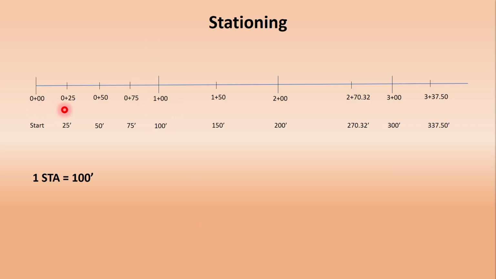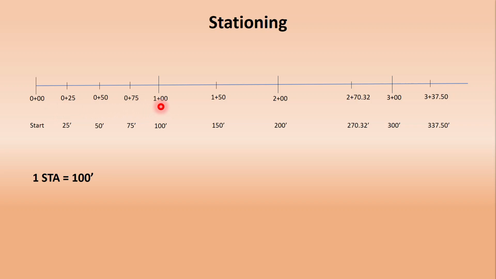And then at 25 feet, we would call that station 0 plus 25, because we have not yet surpassed one whole station. 0 plus 50, 0 plus 75, and then up at 100 feet, we achieve station 1 plus 00, or 1 plus a pair of zeros. And then that process just repeats itself.